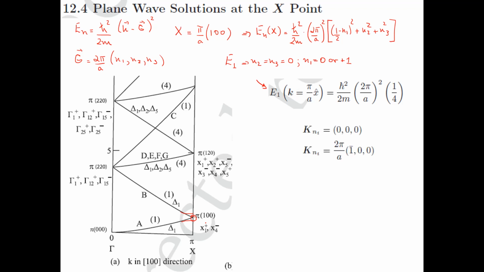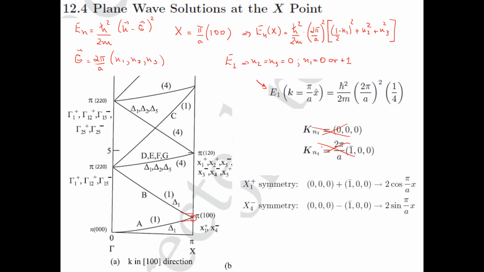So now today we are going to start discussing, sorry, going back to the discussion we had last time. We also found out what are the properly symmetrized combinations of plane waves.